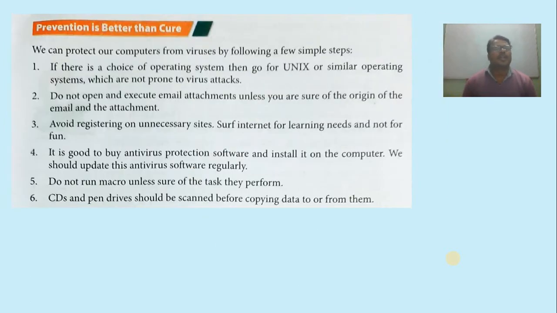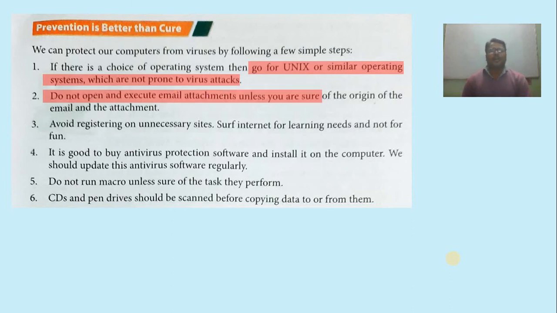Now we move to prevention is better than cure. So we have to take preventions. First is the Unix operating system. We should go for the type of operating system which is less prone to virus attack and prevents our computer system from getting infected by viruses. Second, we should not open or execute an email attachment if we do not know where the email is coming from.